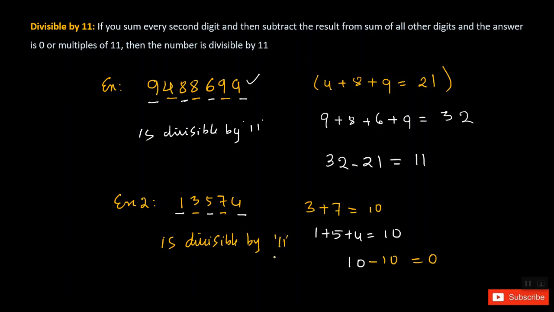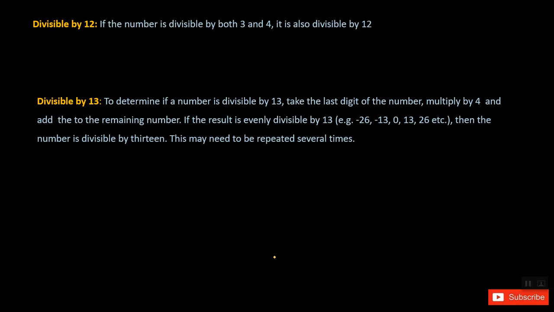All right, now let's move to the next. Divisible by 12: if the number is divisible by both 3 and 4, then it is also divisible by 12. It's similar to how we checked for 6.